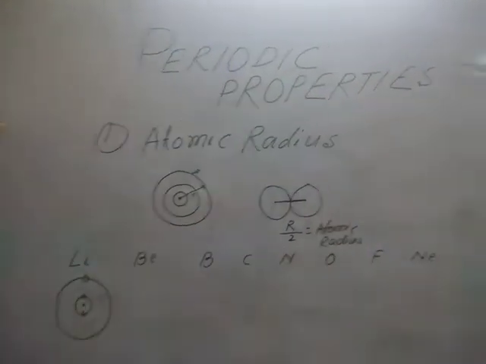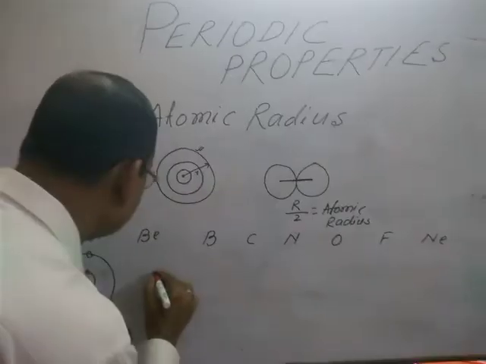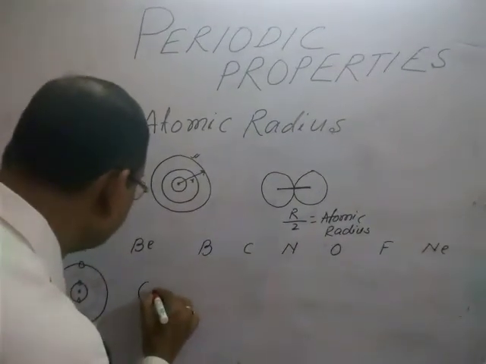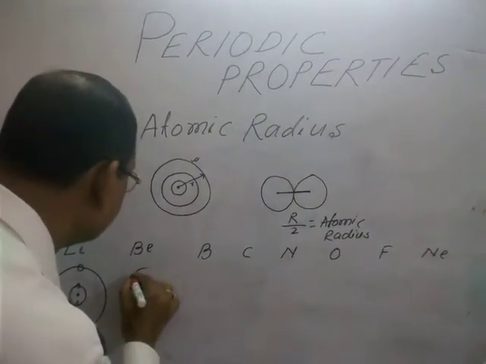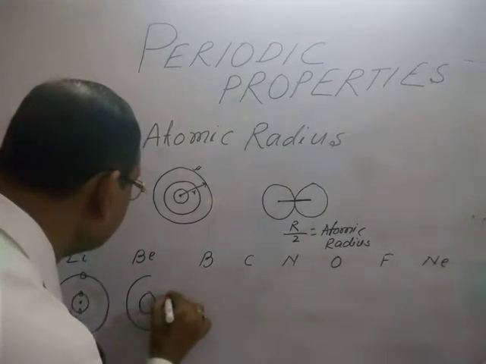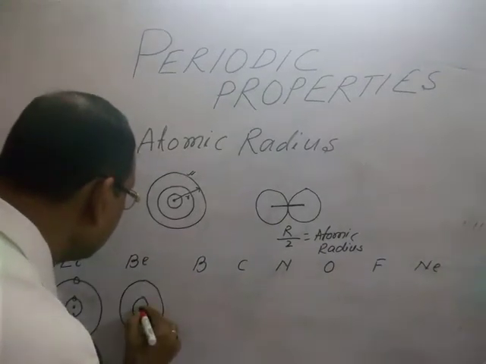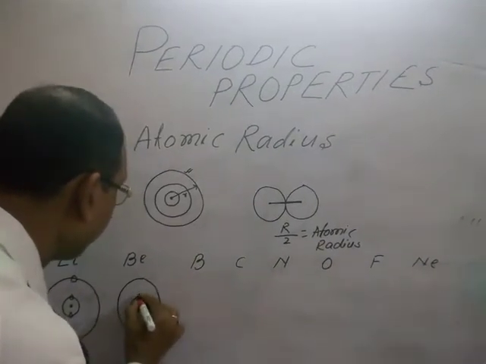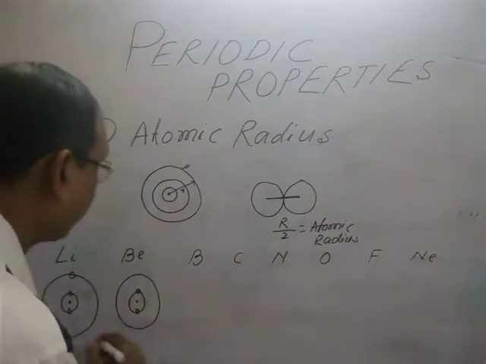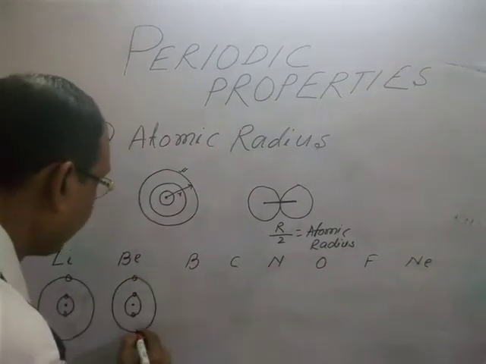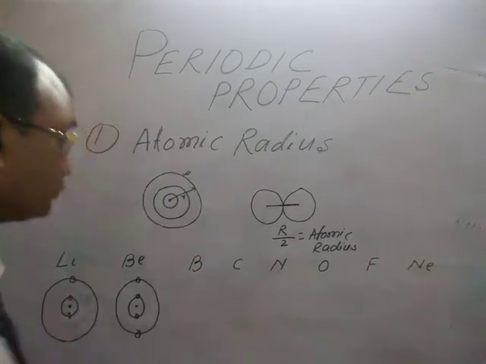If we consider beryllium, this is the center of the nucleus, here the number of electrons is 2, here also the number of electrons is 2.